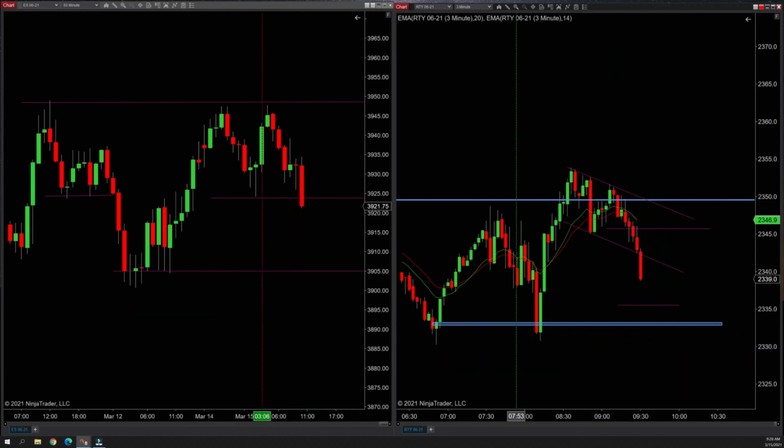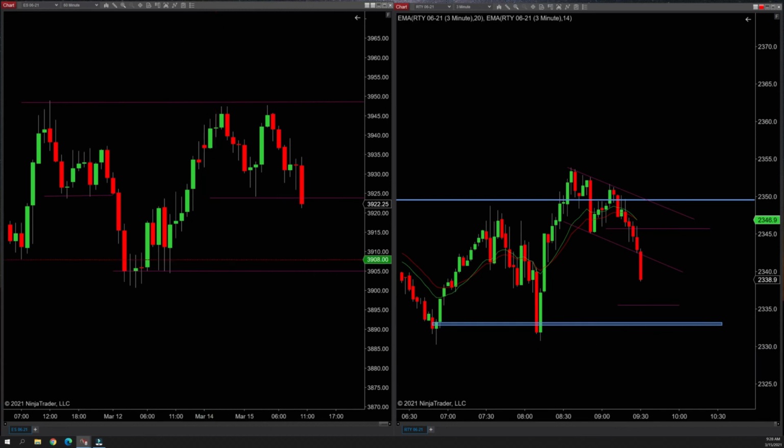But I am going to set my stop loss at break even. So I'm taking my original stop loss off, and order submitted, so I have a new stop loss. It's 1 tick in the green.